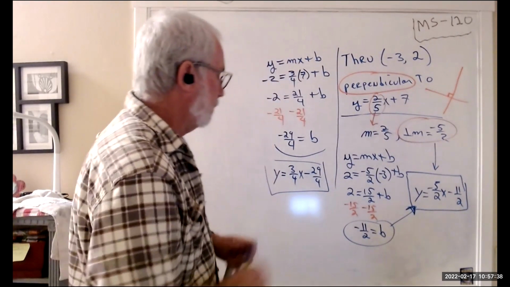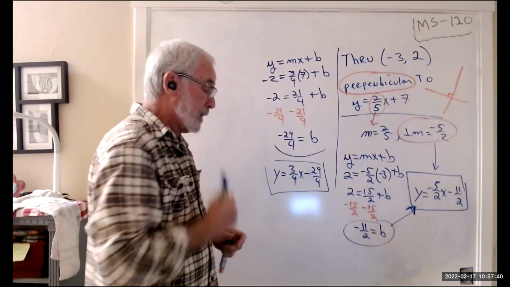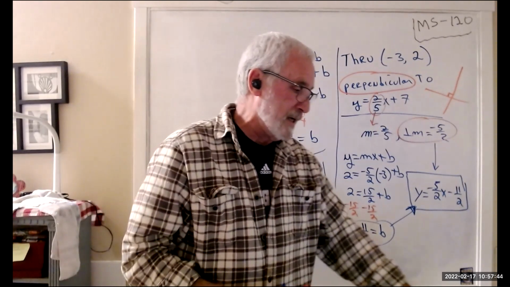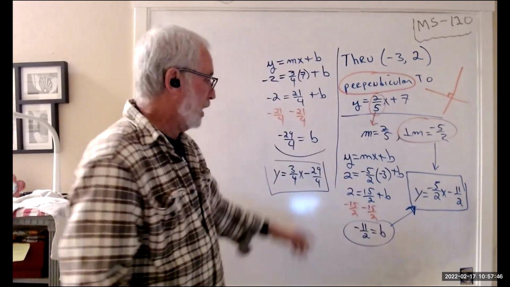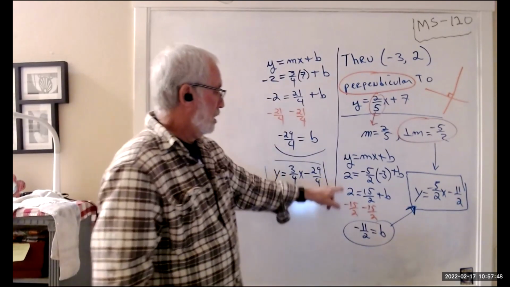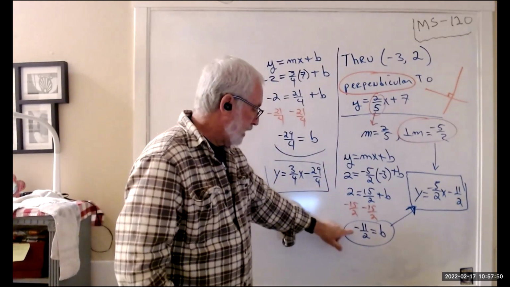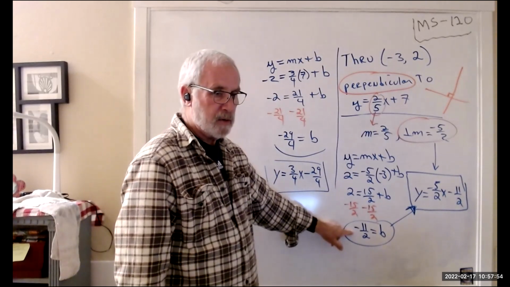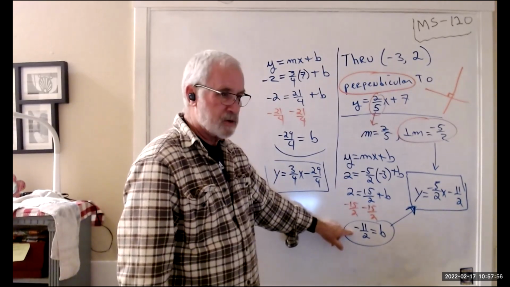Okay, so I did a lot of arithmetic in my head. Please double check, make sure I did it right. I got -11/2 for my b value. Can anyone confirm that? -11/2? All right.